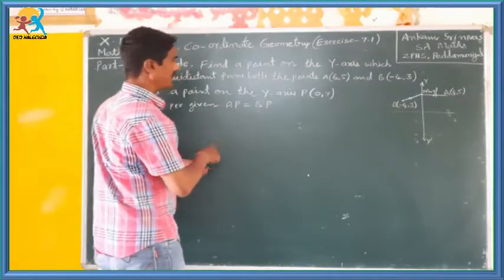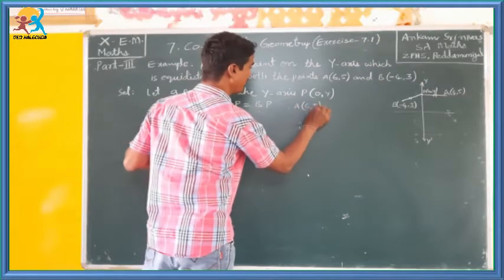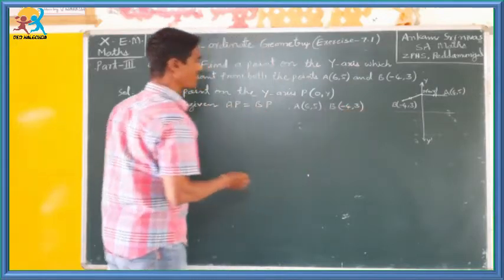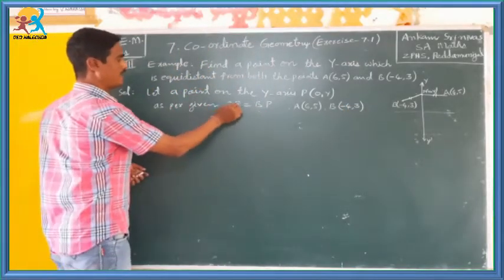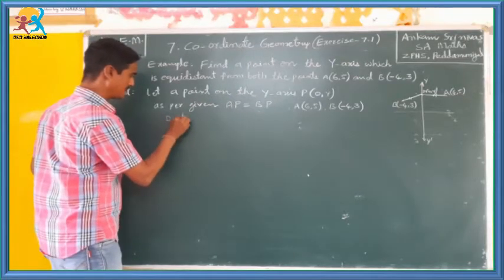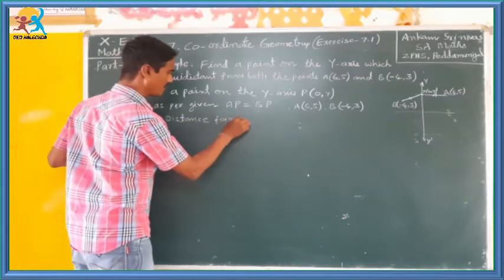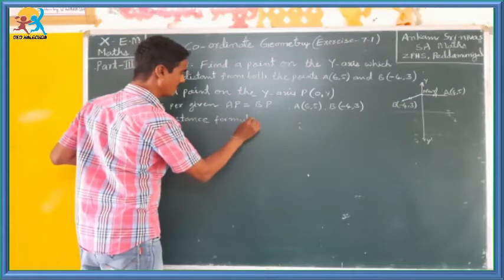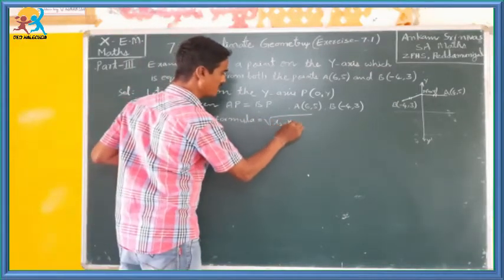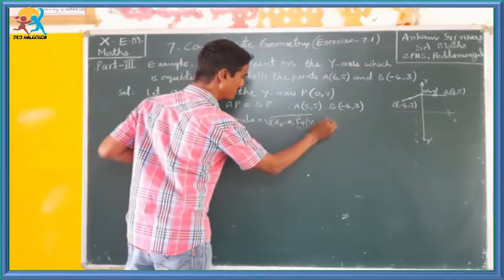Now let's take the points A(6, 5) and B(-4, 3). What is the distance formula? The distance formula is the square root of (x2 minus x1) whole square plus (y2 minus y1) whole square.